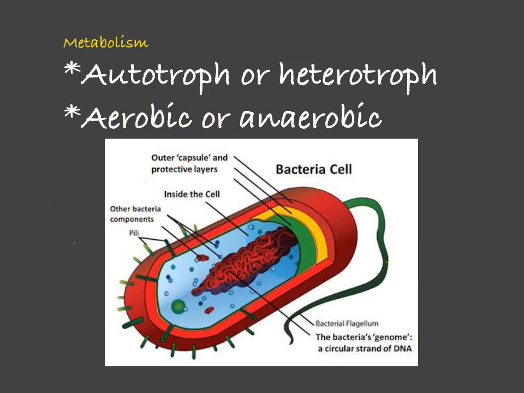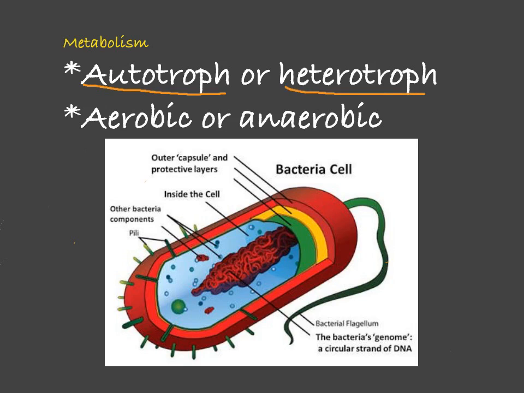So if we start talking about the metabolism of a bacteria cell, not the structure, the metabolism, we can say that these organisms are autotroph, which means they produce their own food, or they could be heterotroph if they feed on others.